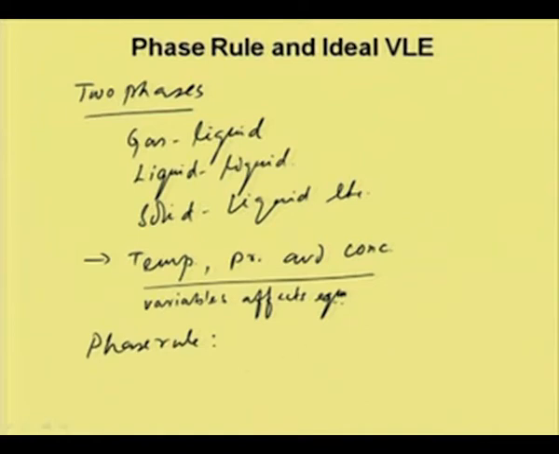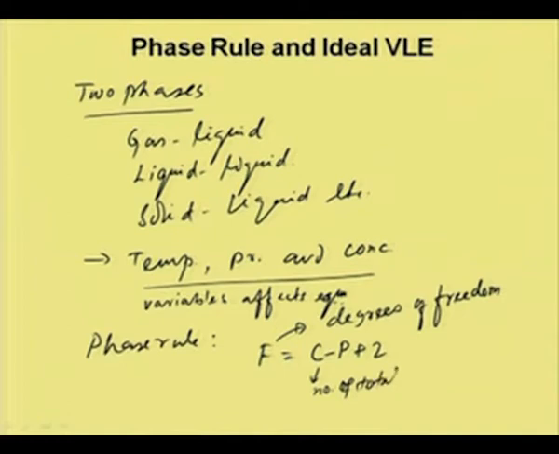It states that F is equal to C minus P plus 2, where F is the number of variables or degrees of freedom, C is the number of total components in the two phases when there is no chemical reaction, and P is the number of phases.